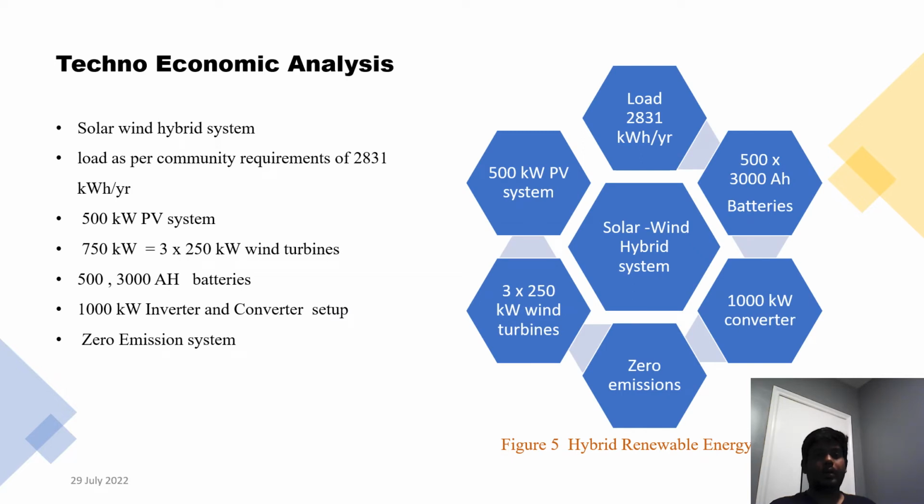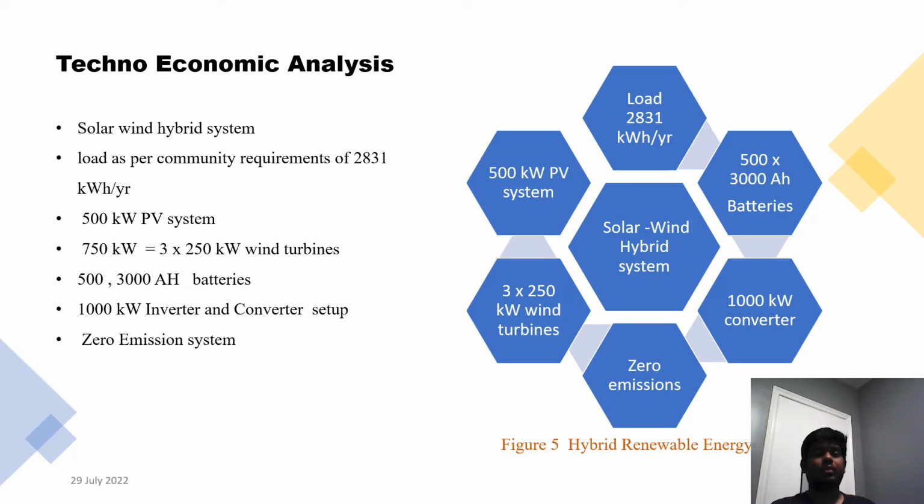On conducting the techno-economic analysis for the proposed hybrid system, the parameters shown in Figure 5 give a complete view of all the different components of the hybrid system. Here, in Figure 5, we can see that the total load of the system is around 2,831 kilowatt hours per year.